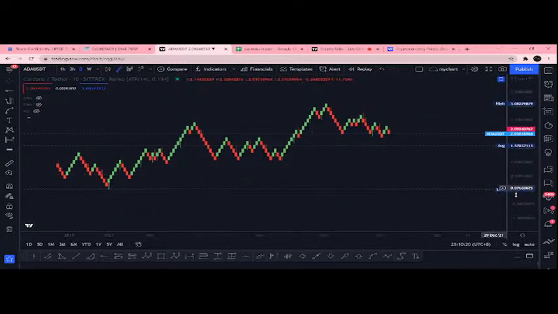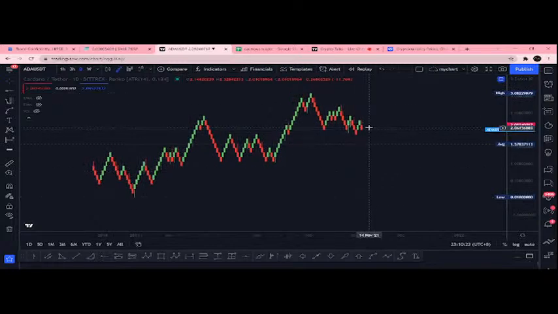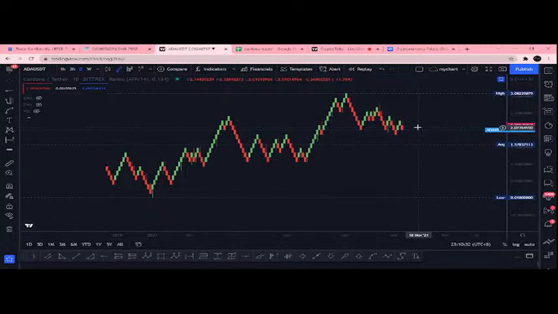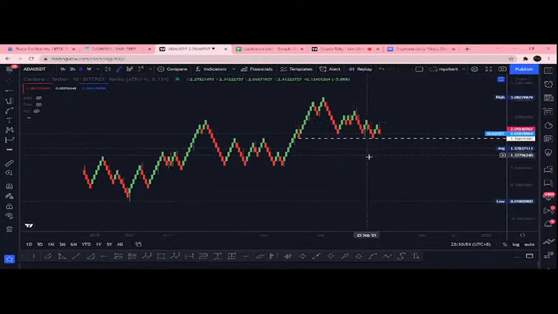So Renko, you can see that it's a bearish bar that could possibly retest the 1.87. So at this area, it's more bearish. So I'd rather wait for the reversal of these Renko bars.